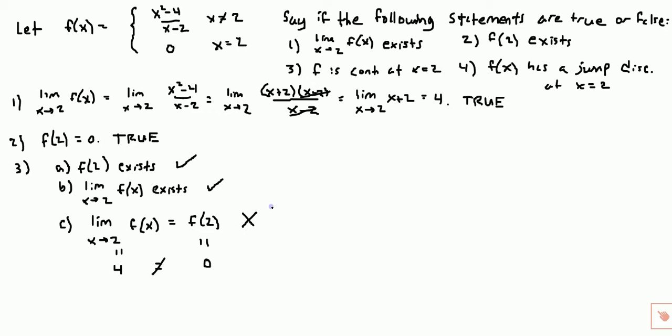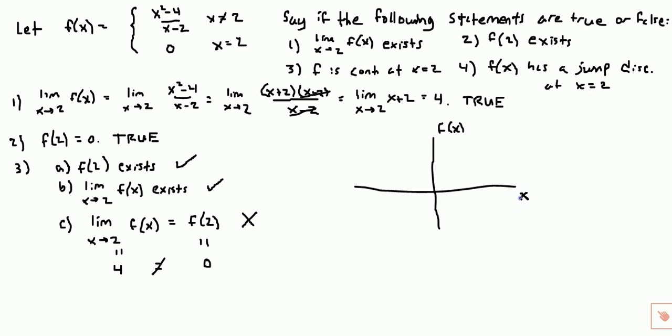Let's take a look at a graph. Let's think about how we might graph this. Well, we showed that when x is not equal to 2, this function actually just looks like x plus 2. So that's easy to graph. That's just a line. Let's graph that. So we have f of x and x.